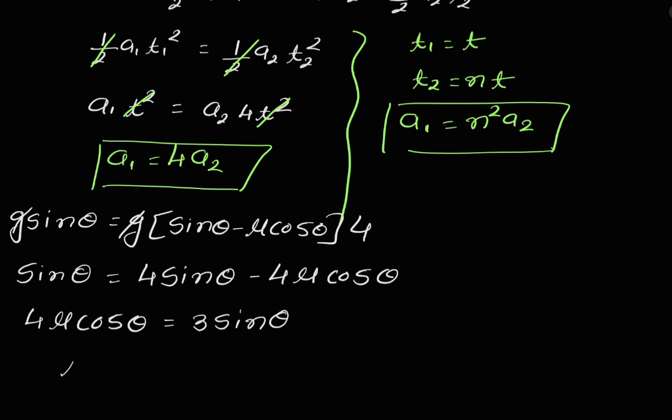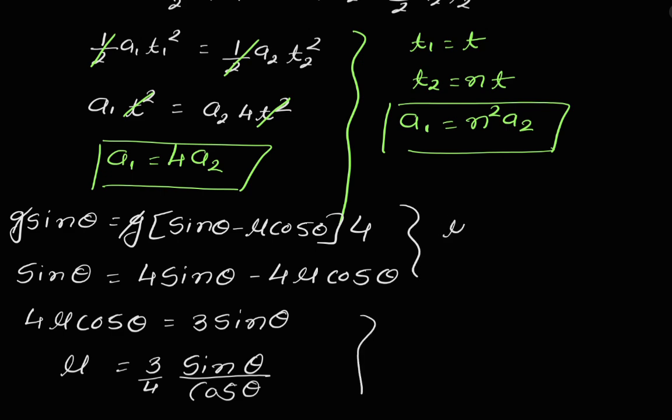So we may write mu is equal to 3 by 4 sin theta upon cos theta. Now sin theta upon cos theta is known as tan theta. So mu is equal to 3 by 4 tan theta. But बच्चों, here they have given the angle theta as 45.